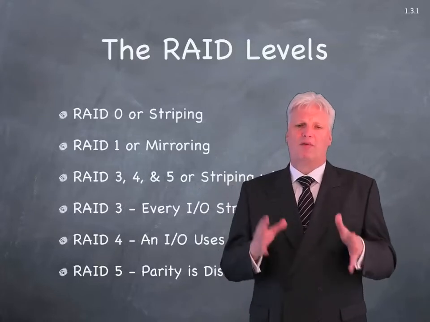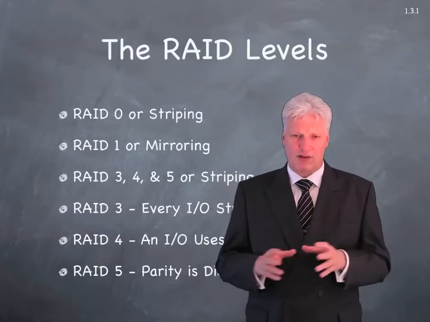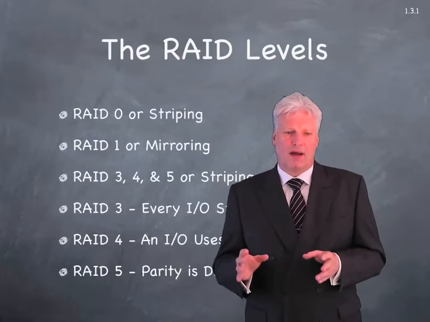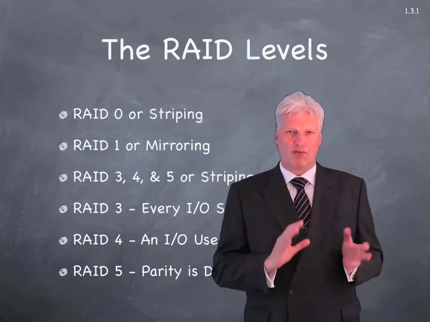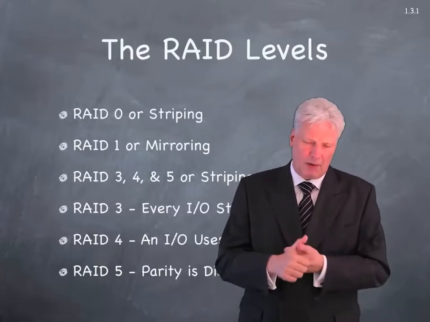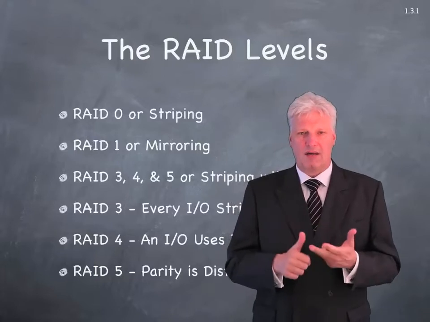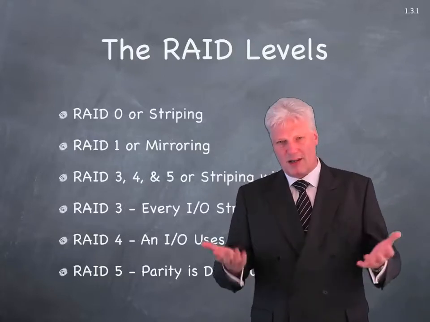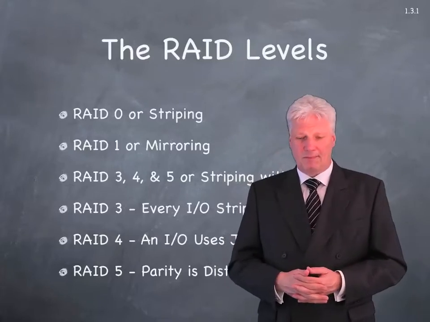Now we have a number of standard RAID levels that everybody uses, and I'd like to point out what these RAID levels are, because they play a very important role in storage systems. So we're going to discuss RAID 0, which is not really RAID, RAID 1, 3, 4, 5, and then I'll discuss with you RAID DP, which is a RAID level made by NetApp.